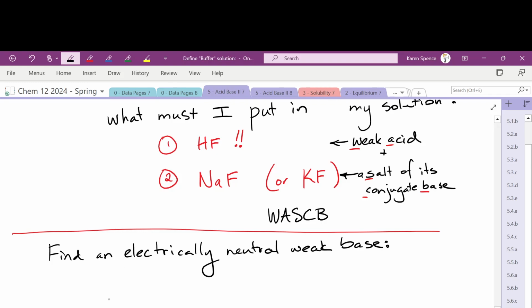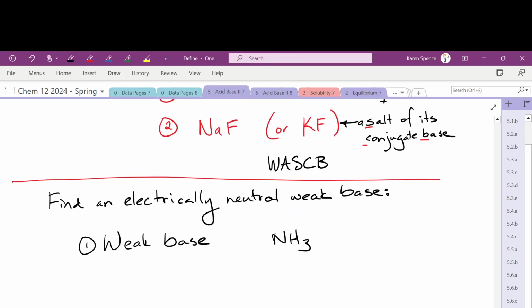So we have a weak base, NH3. What would we need to put with it? Well, if I just have water, then I'll have lots of NH3. Yes, it's true, we need water, but I'm assuming everything's aqueous in this entire unit because you cannot have acids and bases without water.